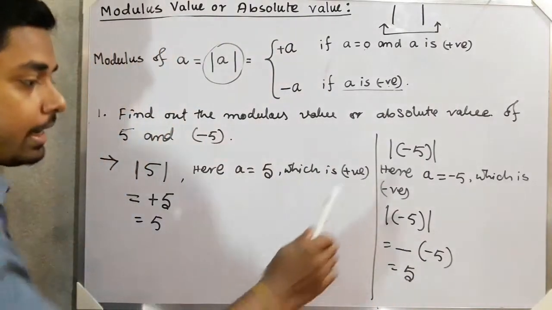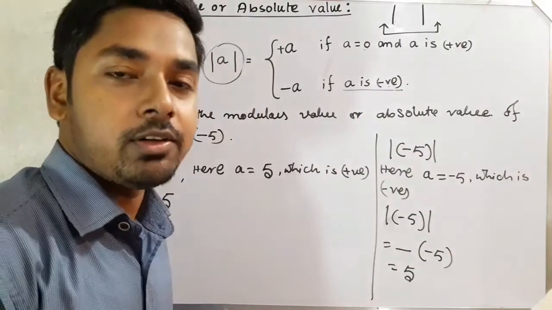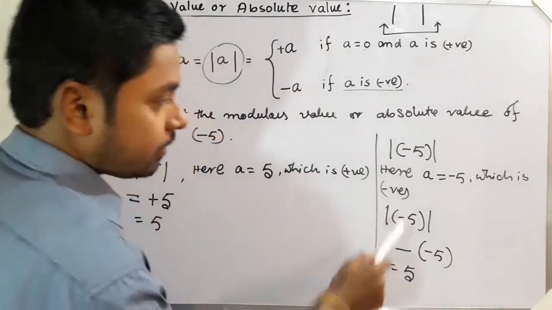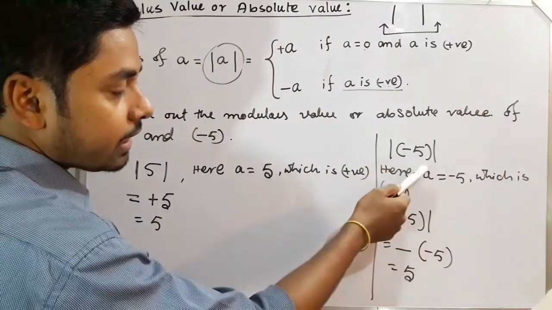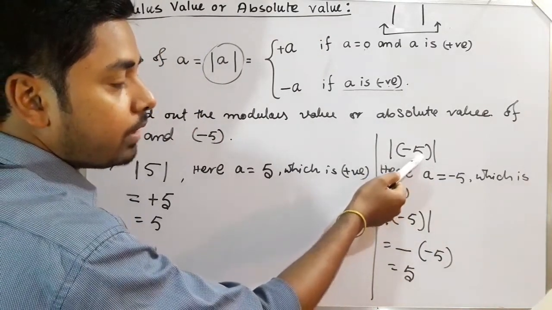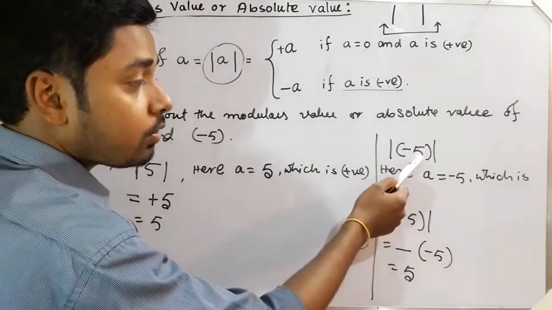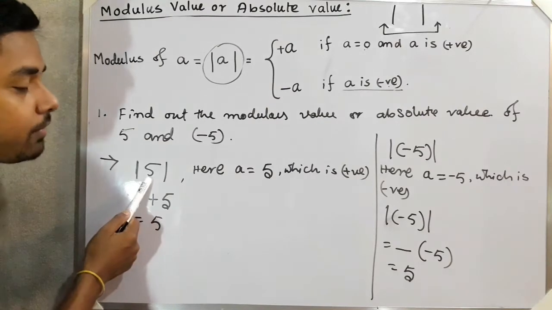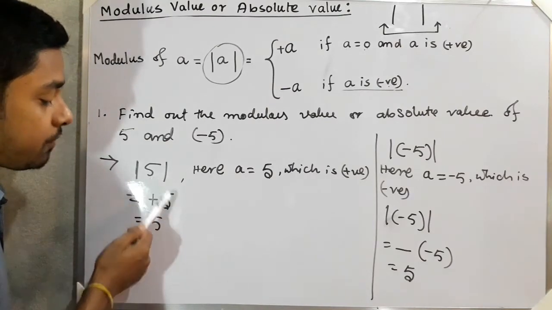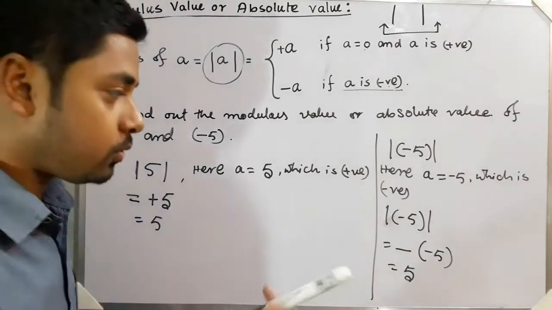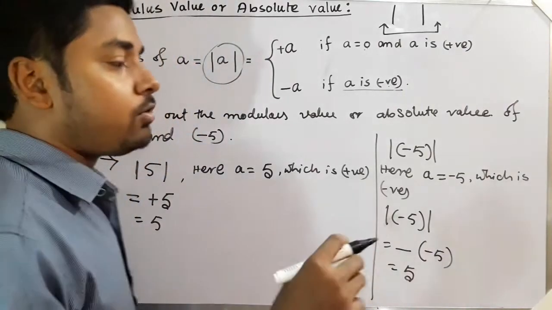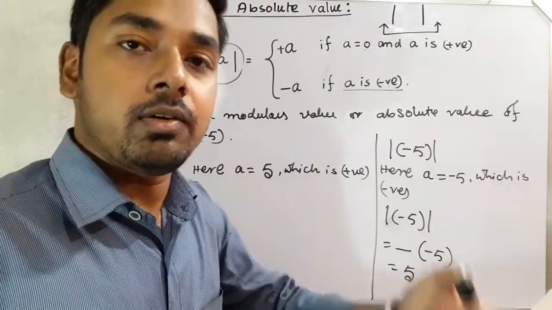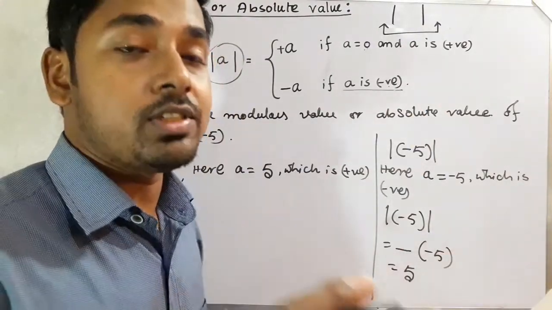Okay, and after finding the modulus value, you can see all the values will be positive here. So consequently we can tell that value of modulus of negative 5 is equals to also 5, and modulus of positive 5 is equals to also positive 5. So here we can conclude value of any positive integer or any negative integer will only be positive.